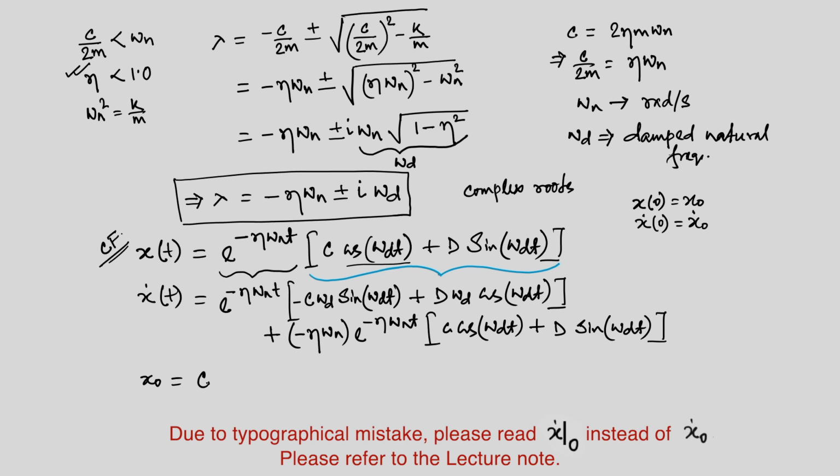So, we have the first condition identified: c is equal to x naught. What about the next one? For that, we satisfy the second initial condition. So, we have x naught dot, which is equal to d omega d, plus minus eta omega n, and from the third bracketed term we will have c.